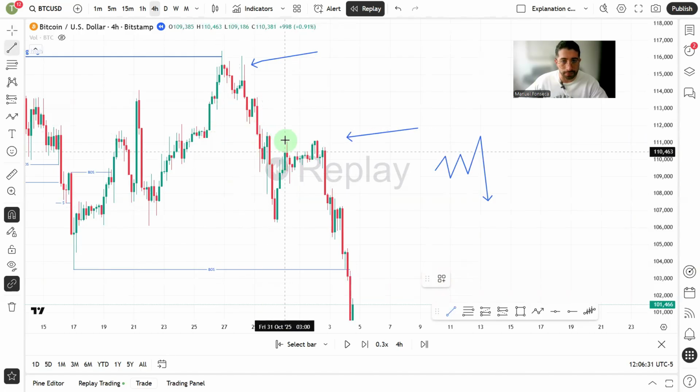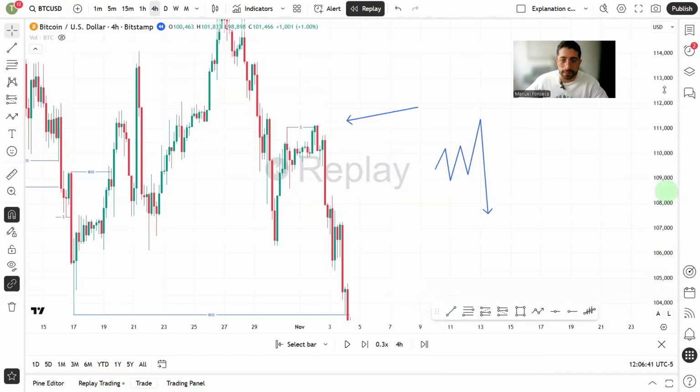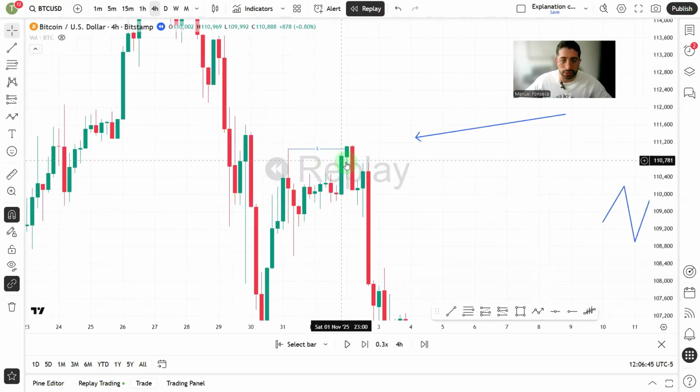So let's see. We have this high here, and this is a liquidity taking. You say, really, Manuel? Why is that? Let's zoom up a little bit. Do you see the liquidity taking here? Super, super fine, super delicate to spot, but it is.